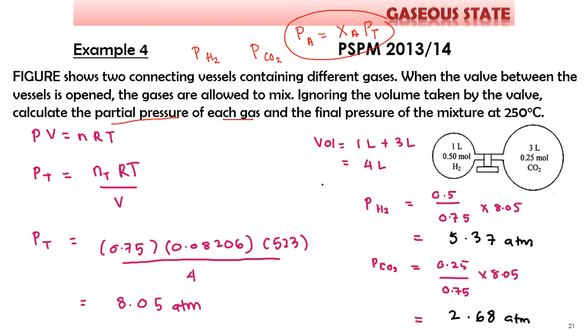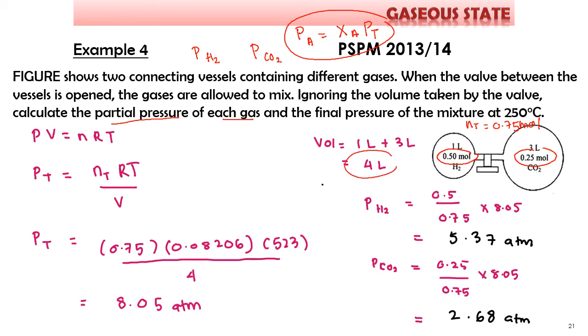So if you want to find P total by using PV equals nRT, you will get the total pressure of the gases equal to 0.75 mole, because you have here 0.5 plus 0.25, so you get n total 0.75 mole, times the gas constant times the temperature in Kelvin, divided by the volume.